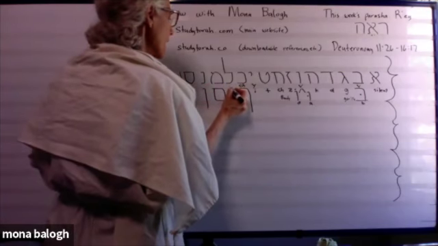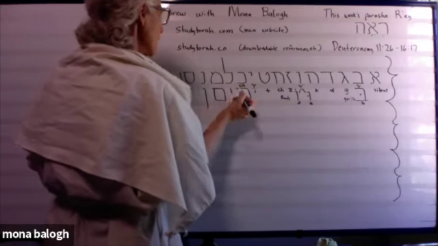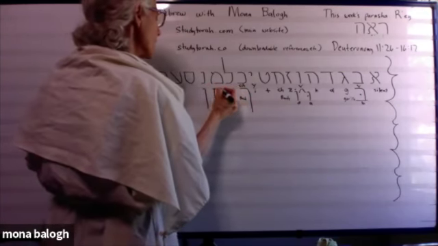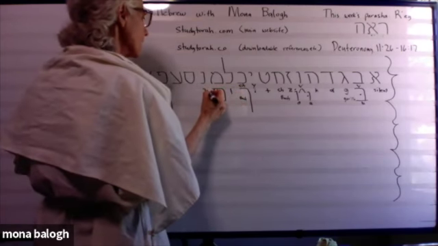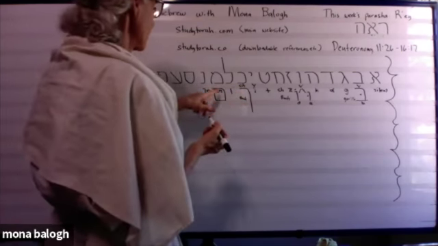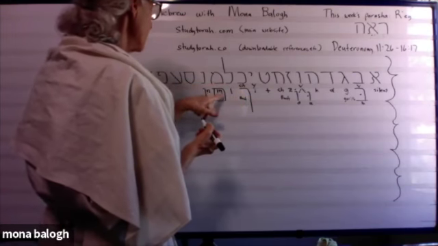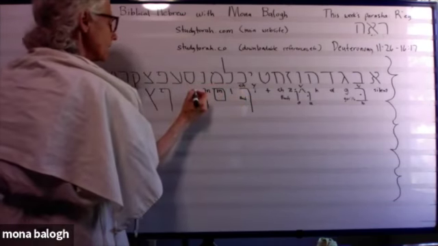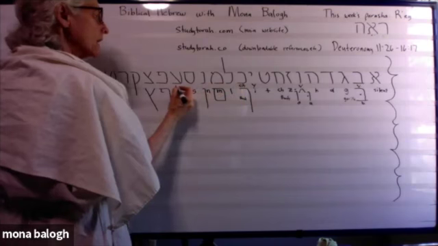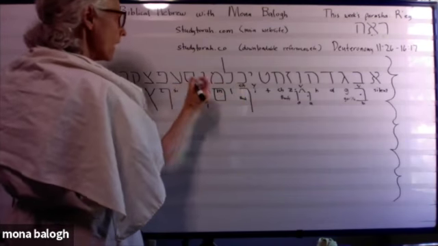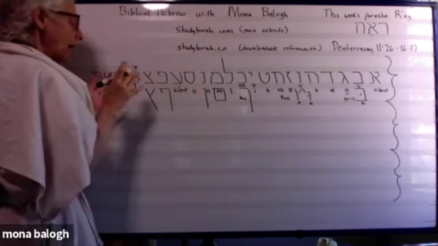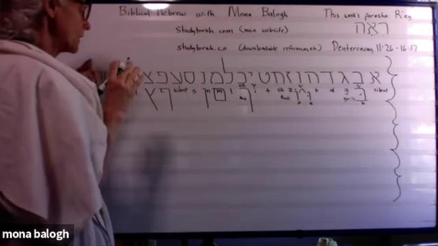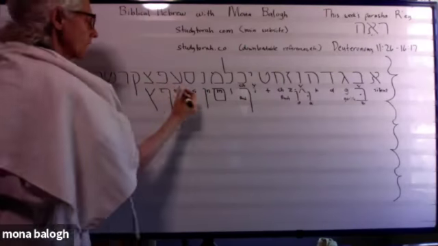Lamed is L. Mem is M. Nun is N. Okay, LMN, Lamed Mem Nun. Samech is S. Ayin is also silent like the Aleph, but it adds a guttural sound to whatever vowel is associated with it.